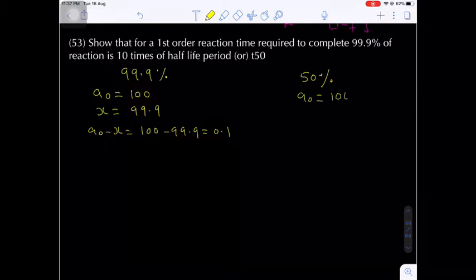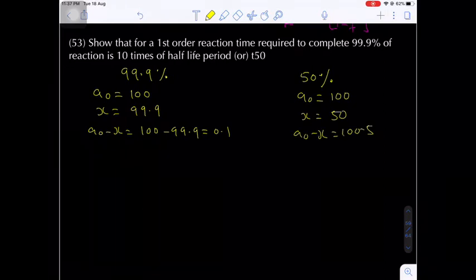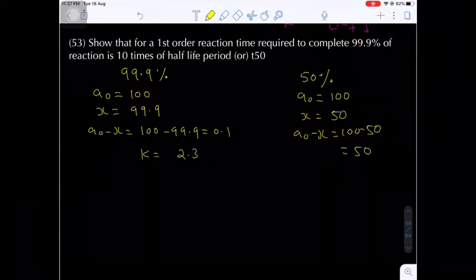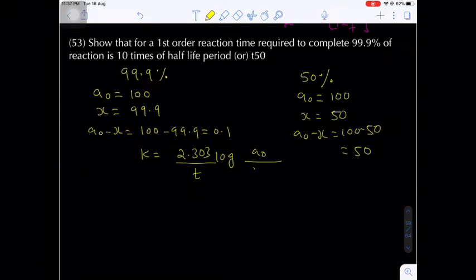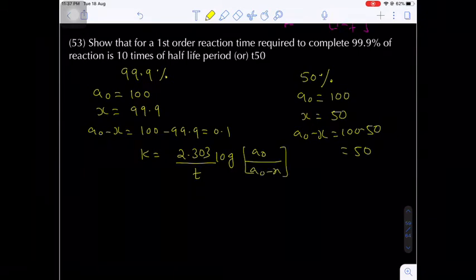Here initial concentration A naught is 100 and X is 50%, reaction completed, and the left concentration of the reactant will be 100 minus 50, which is equal to 50. Now what is the rate constant for first order kinetics? K will be equal to 2.303 by T log of A naught upon A naught minus X. Are you getting my point?